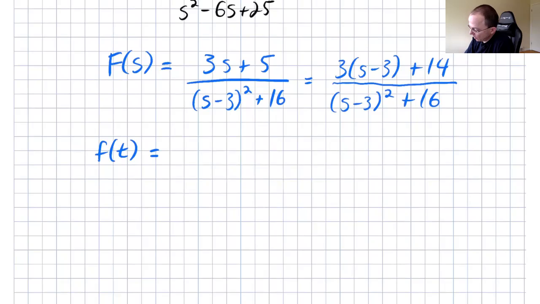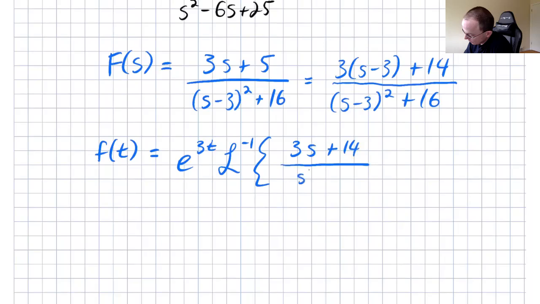So when I write this out, I'm going to factor out the e to the 3t. So I'm going to put e to the 3t, and then I need times the inverse Laplace transform of what I get when I replace the s minus 3 with s. So I'm now getting 3s plus 14 over s squared plus 16.